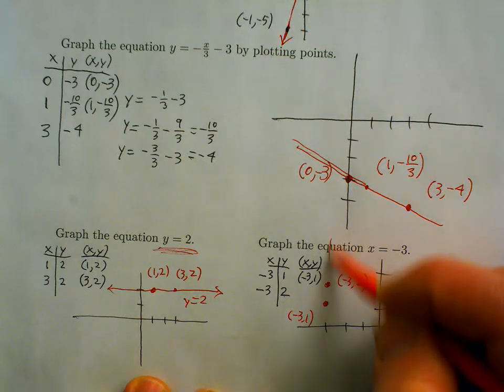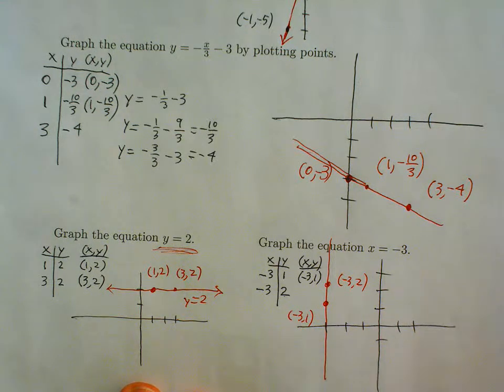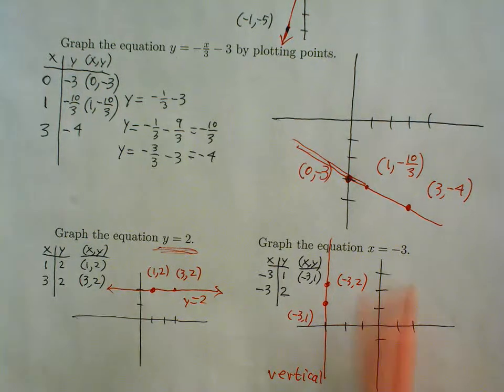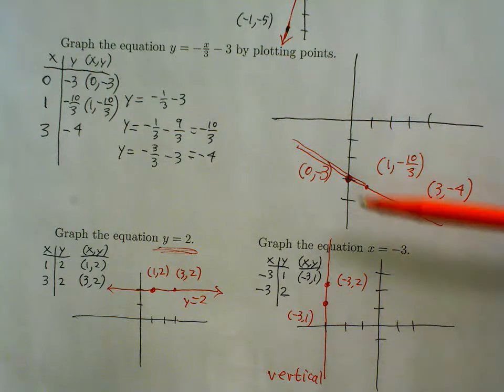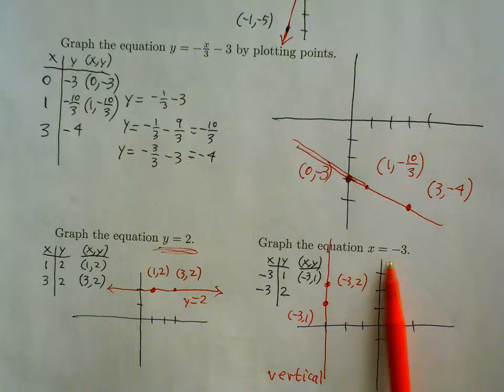The graph is a vertical line. Okay, so that's true in general. If x equals a number, then in the xy plane, every point on the line has to have the same x coordinate of whatever that number is.